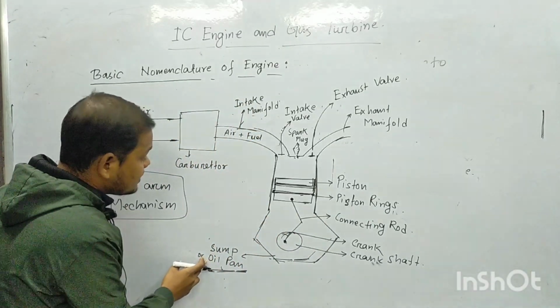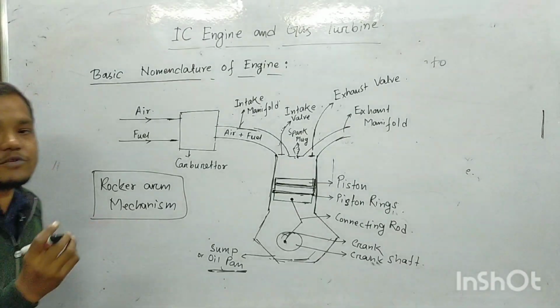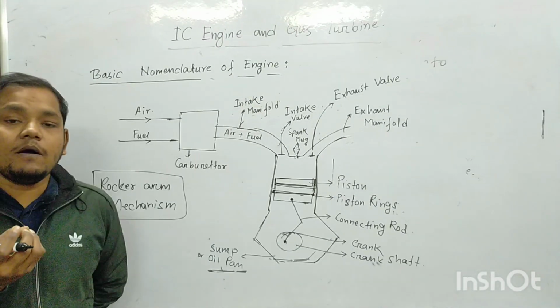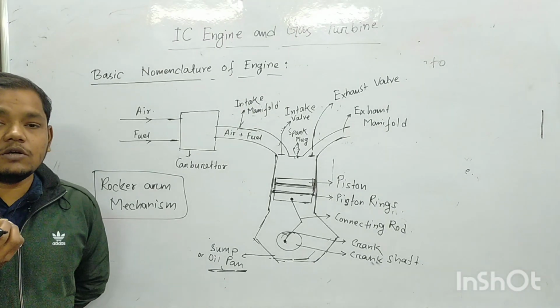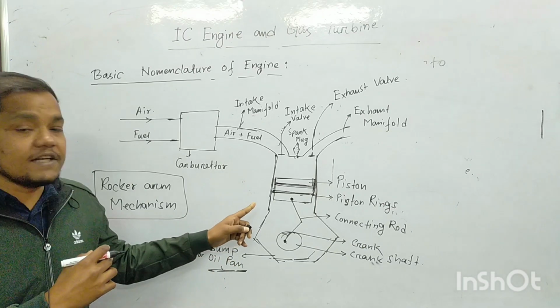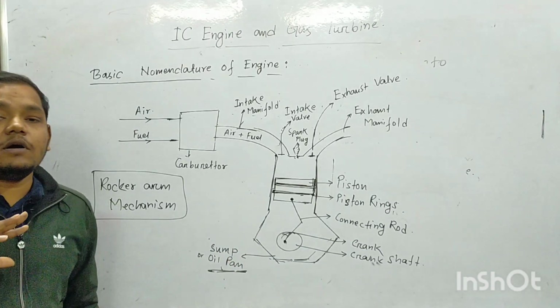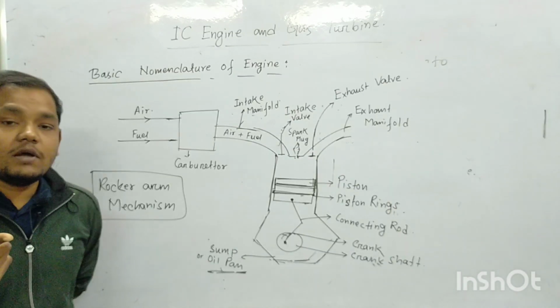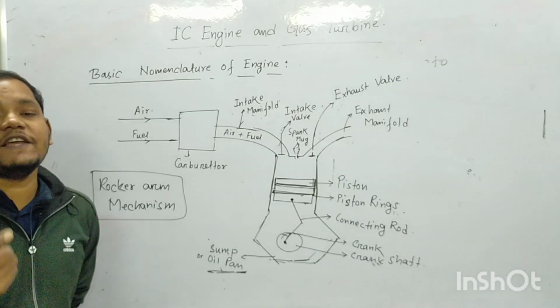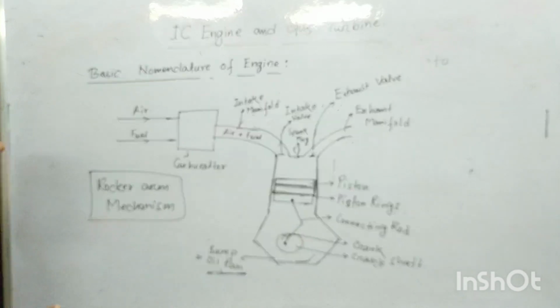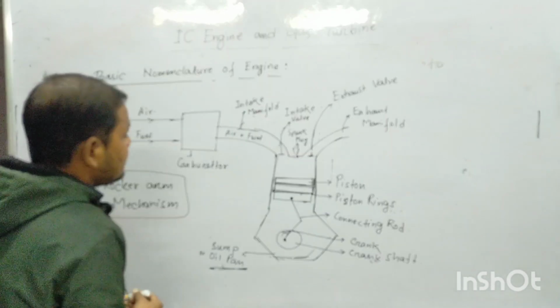You can find this is the oil pan where oil is kept in order to maintain the lubrication inside the engine cylinder, so that the lubrication process can easily dissipate the excess heat from the engine cylinder and lubricate the whole thing.